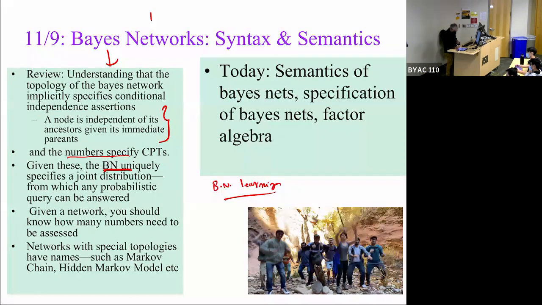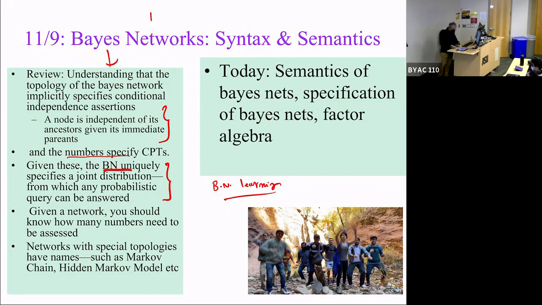Anyway, for this class, at least the stuff that you've seen, given the Bayes network numbers and the topology, you should be able to see that every entry in the joint distribution can be computed. I showed you that. And once I do that, you have at least one way of computing every probabilistic query because you have the joint distribution.